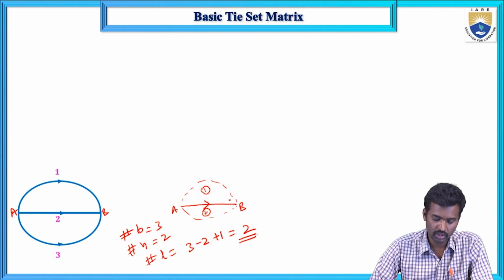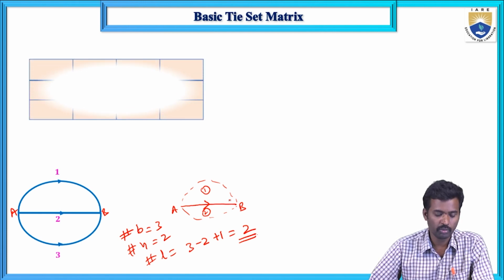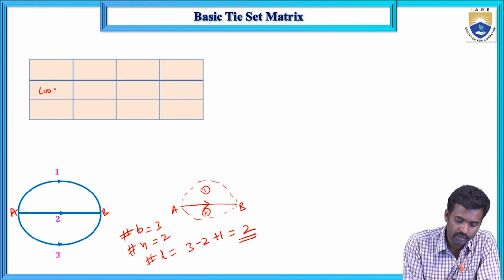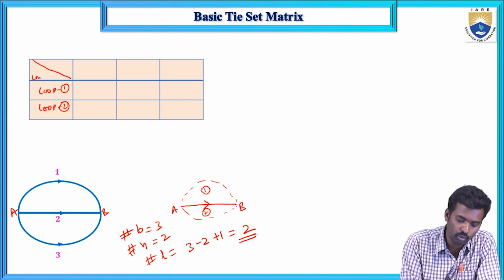From the formula also it is satisfied. So link 1 or loop 1, loop current direction, and this is loop 2 or link 2.